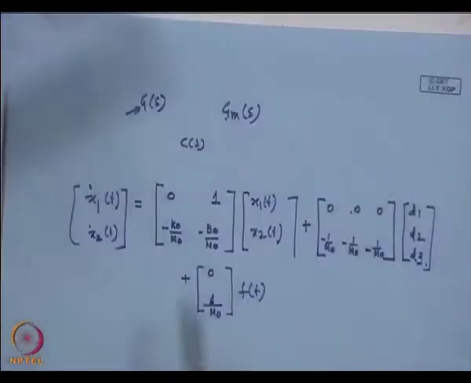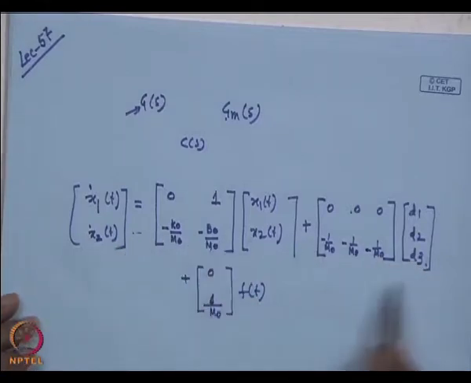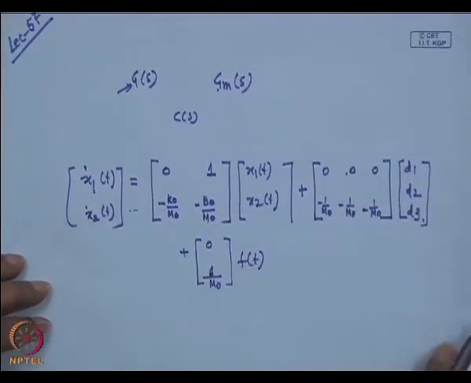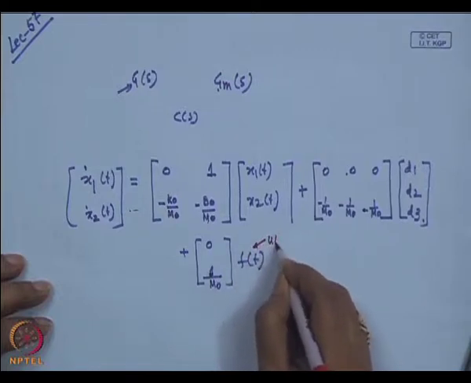So, x 2 dot is a combination of the second row, that is, a combination of all these signals in x 2 dot. So, we can consider this is our forcing function, that is u of t.